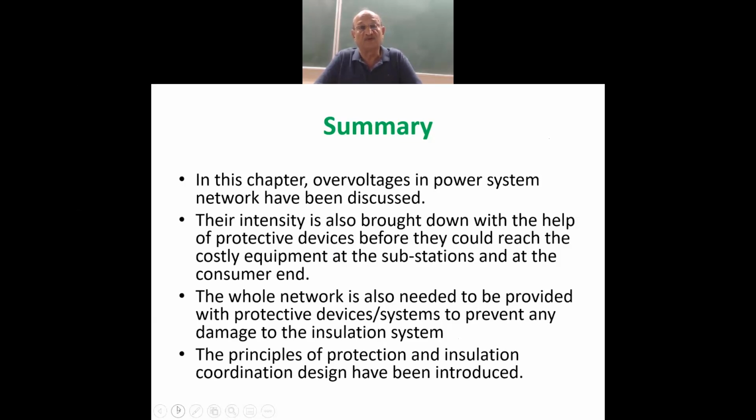Because it is a slower wave, the breakdown strength is lower with switching impulse voltage. We'll learn this when we go to the laboratory techniques.